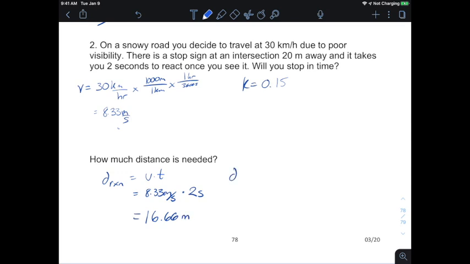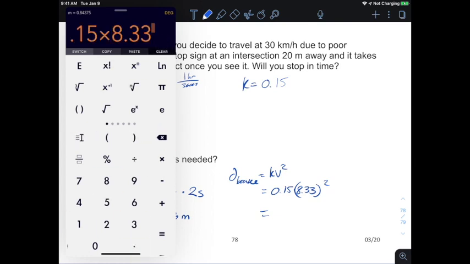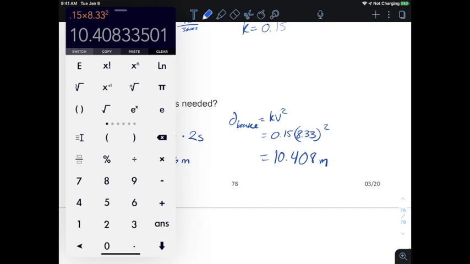And then we're going to do the D of brake, which is KV squared, 0.15 times 8.33 squared. And we get 10.408 meters.